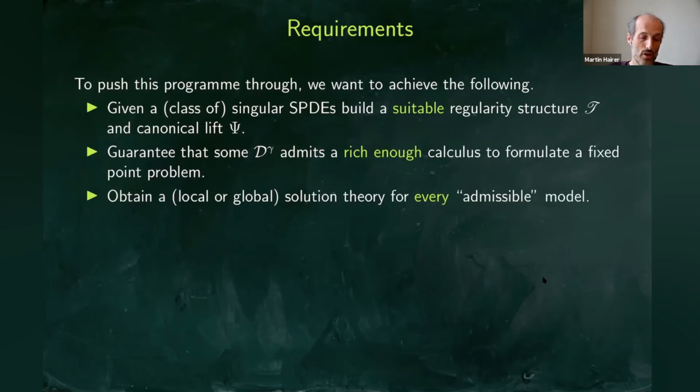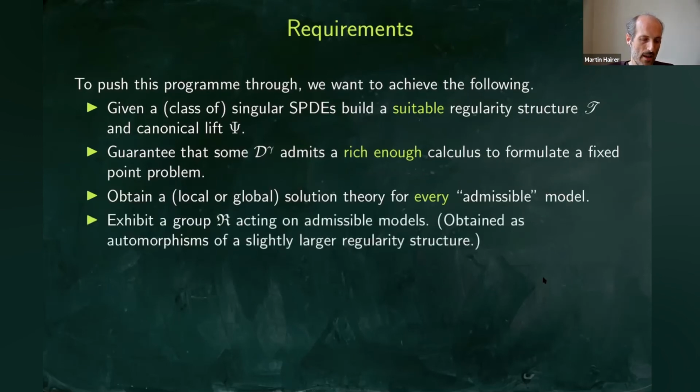Okay, and then you need to show that it gives you a fixed point problem, which is locally a contraction. So you have some sort of Picard iteration, so you get unique solutions. And then you need to do that renormalization business.